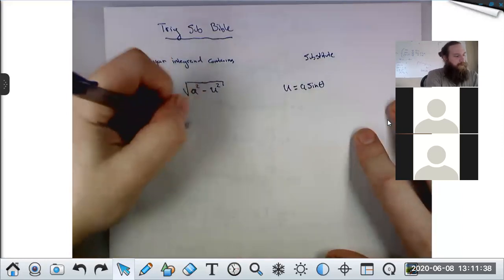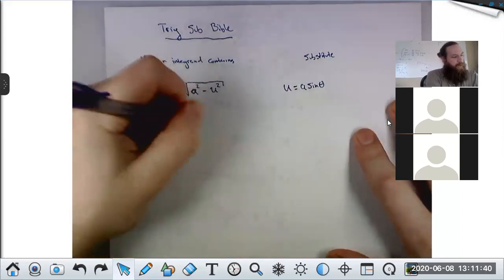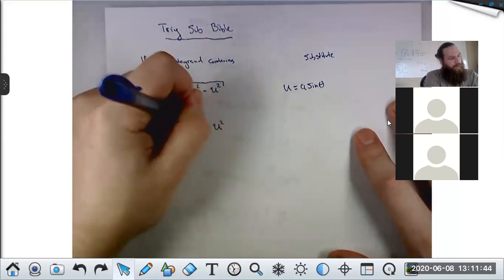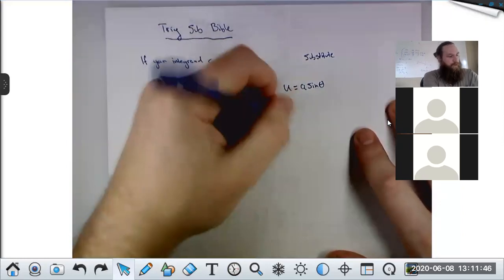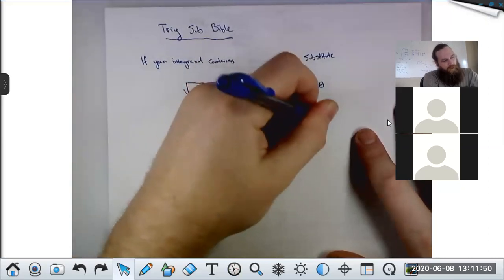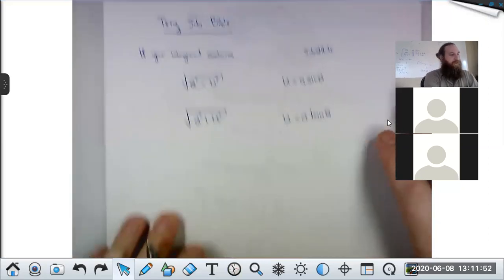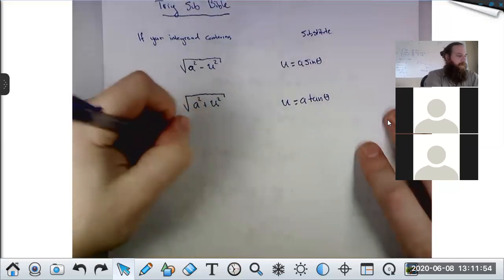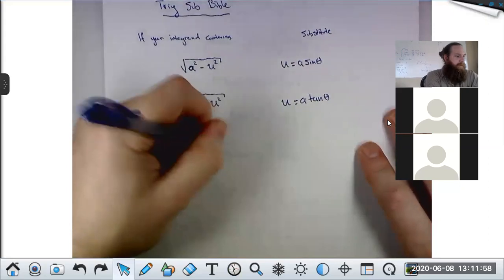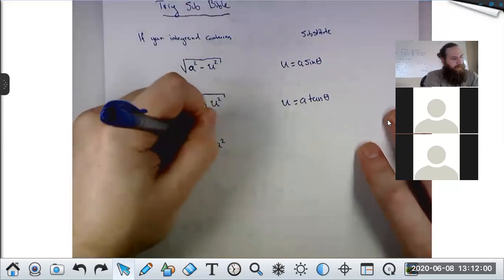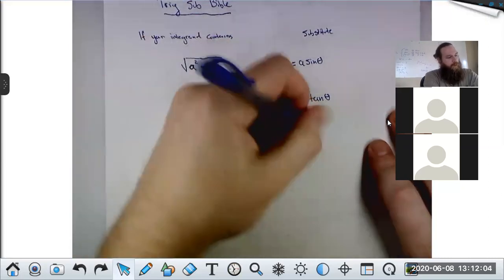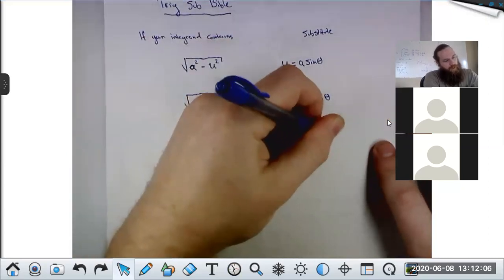If your integrand contains a square root of a squared plus u squared, you're going to substitute u equals a tan theta. And if your integral contains a square root of u squared minus a squared, you're going to want to substitute u equals a secant theta.